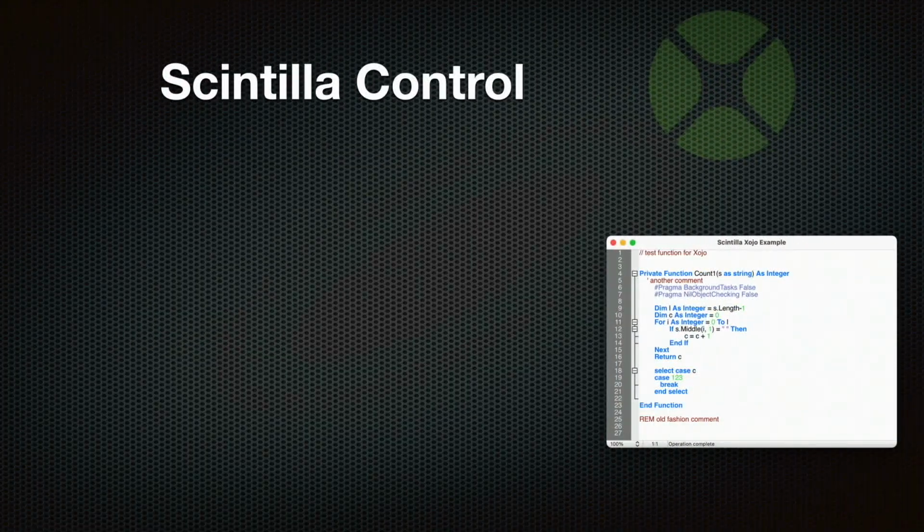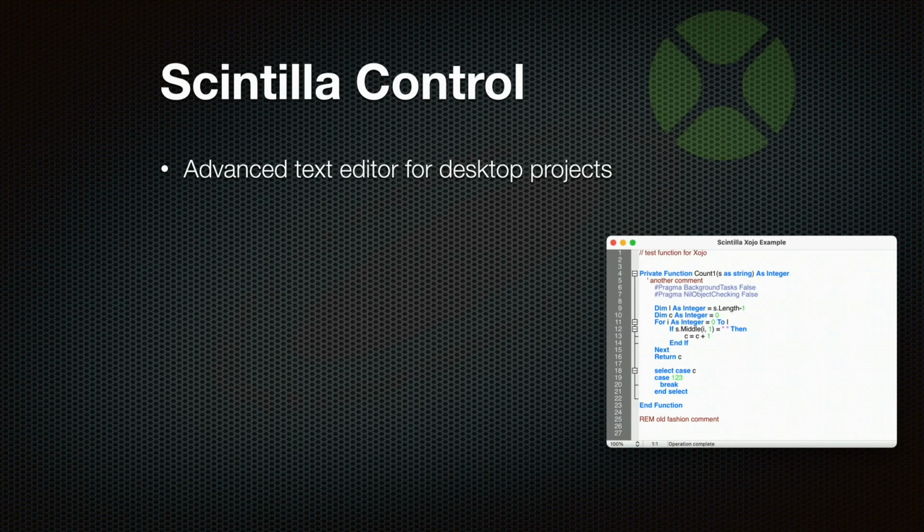Then I have the Scintilla control in the plugin. It's an advanced text editor for your desktop projects, which allows you to build, for example, an editor for your Xojo scripts. So you can actually edit Xojo code in Xojo applications. And you get syntax highlighting, auto-completion, foldable areas, all the nice things you like to have in an advanced text editor.